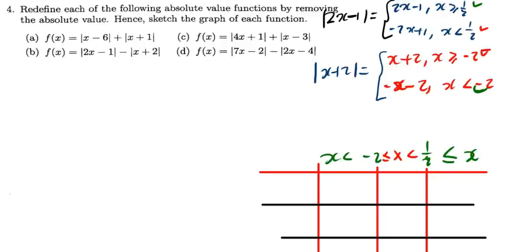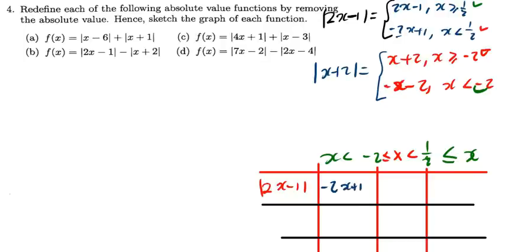So when I do that now, I need to start putting this in. I'll start with 2x minus 1 in the modulus. For the first part, which one is telling us that x is less than negative 2? It is the second one, because the second one is saying that x is less than half, meaning that I'm going to get negative 2x plus 1.